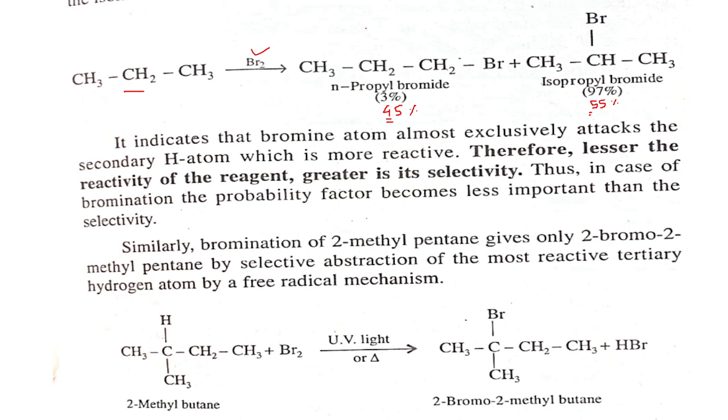But if the same reaction is carried out with bromine, then see, 3% and 97%, meaning isopropyl bromide we get as the major product, because bromine is less reactive. That's why it reacts selectively with the more stable secondary radical, and the bromine radical is also more stable.